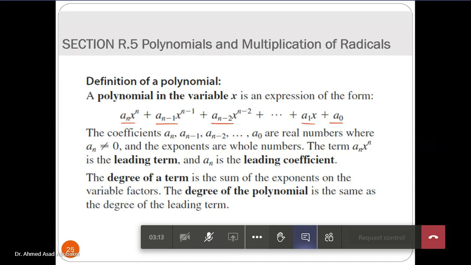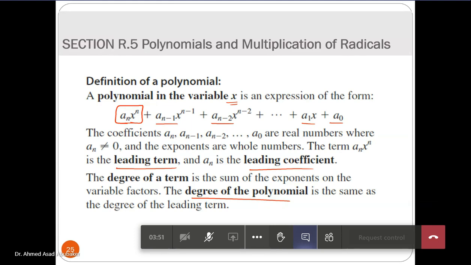Okay, now if you have a polynomial in one variable, for example x, we have the leading term, leading coefficient, and degree of the polynomial. What's the meaning of leading term? The leading term is the one with the largest exponent, the x with the highest exponent.